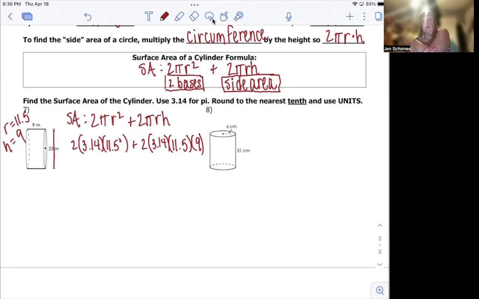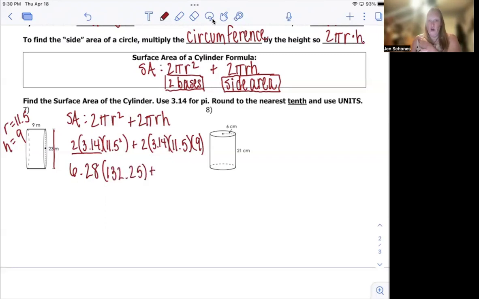Okay, order of operations. I'm going to do the squared first. 11.5 times 11.5 is 132.25. Leave it like that. So I am going to do this right here. 2 times 3.14, I can do that in my head, so 6.28 times 132.25.